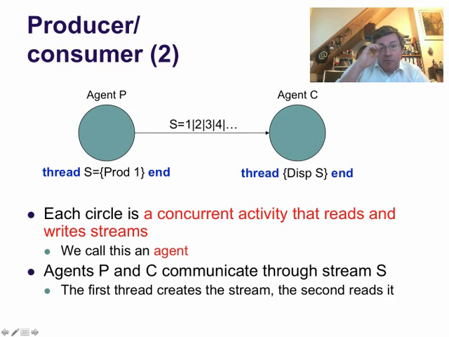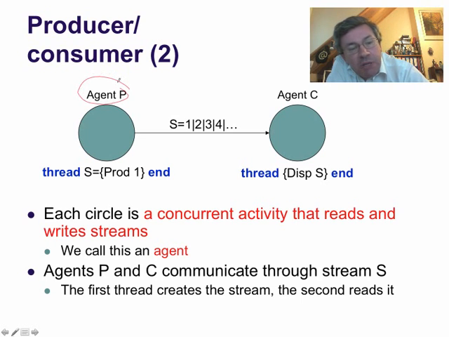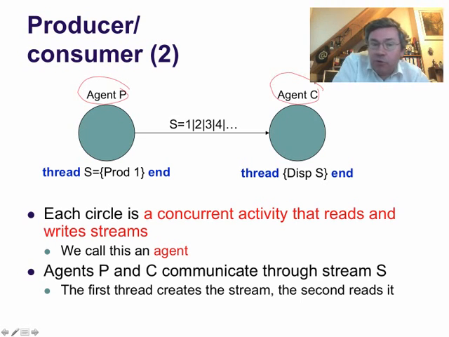So we can visualize it like this with a graphical notation. We have agent P and agent C, producer and consumer. Agent P's definition is here, thread S equals prod 1 end. Agent C's definition is thread disp S end. And S is the communication stream linking the two agents.